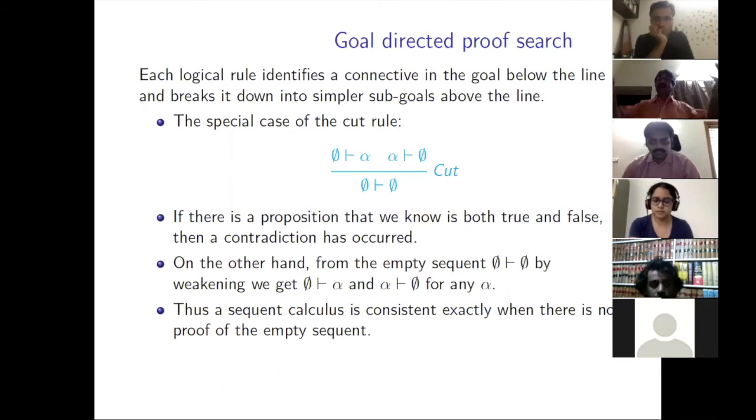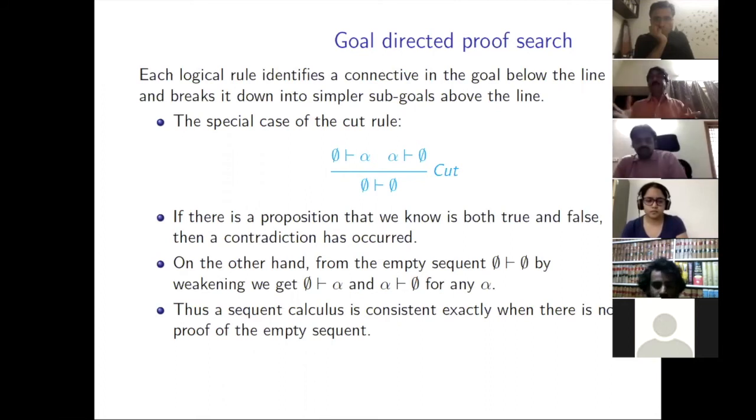Because suppose the system allows you to derive alpha as well as negation alpha, then alpha has to be a valid formula, negation alpha has to be a valid formula, and that's not possible. So you show that the system under empty assumptions doesn't lead to a contradiction by appealing to models.